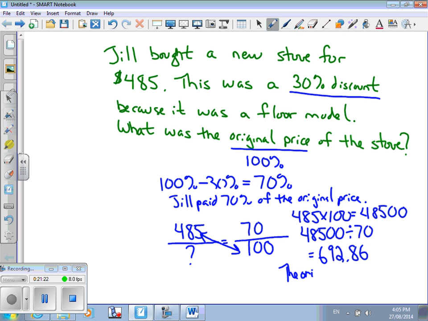So the original price of the stove was $692.86.